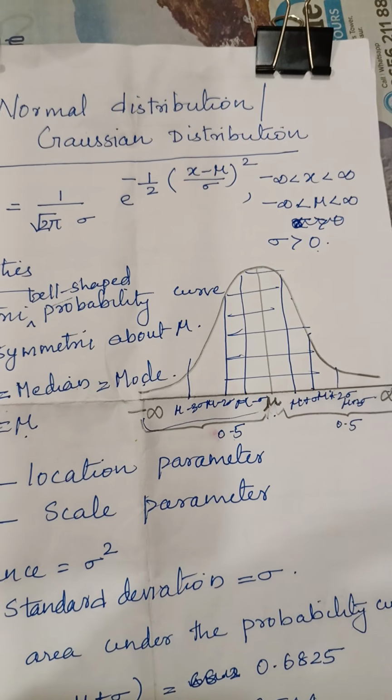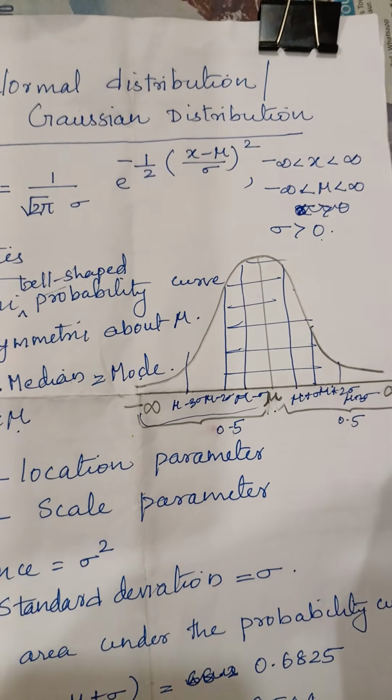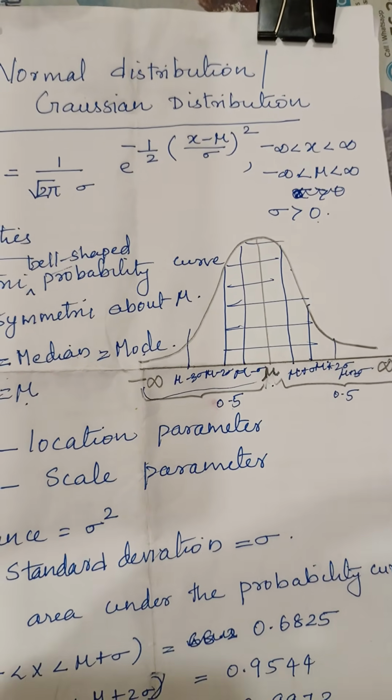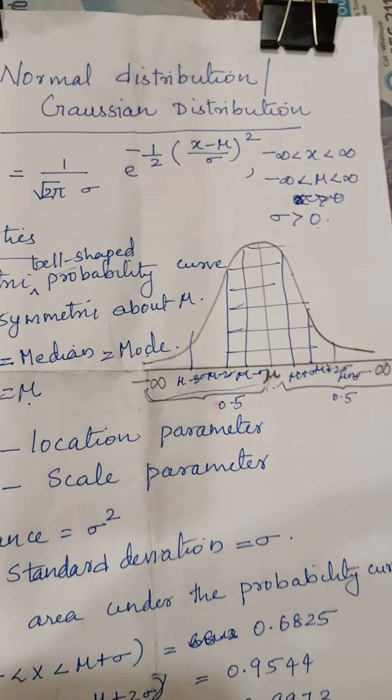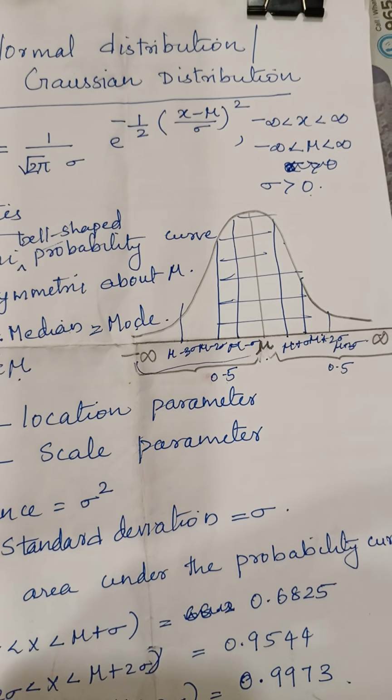This is known as the area property, and this property is used in statistical quality control for fixing the control limits or specification limits.